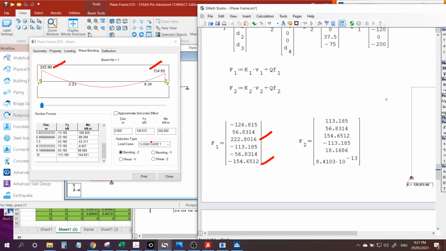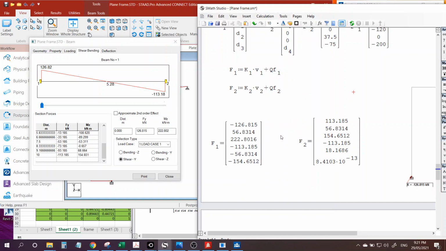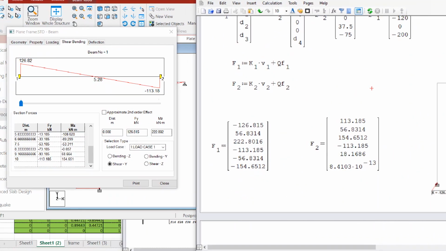For the shear, I'm sorry, 126, 113, because this corresponds to code 1, 2, 3, 4, 5, 6. Remember, code 1 is here. So that's the shear, 126 and 113.